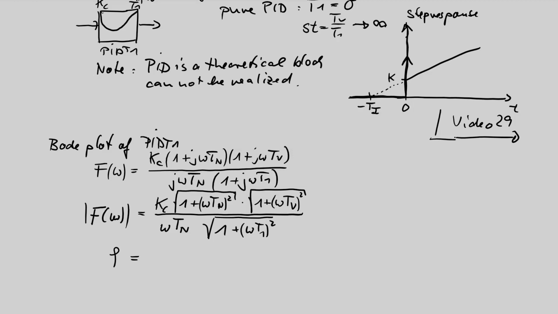A pure imaginary part in the denominator always gives a minus 90-degree value, and the 1 plus j omega Tn part in the numerator gives a positive arctangent of imaginary divided by real part, so arctangent omega Tn, plus next arctangent omega Tv, minus the arctangent of the PT1, minus arctangent omega T1.